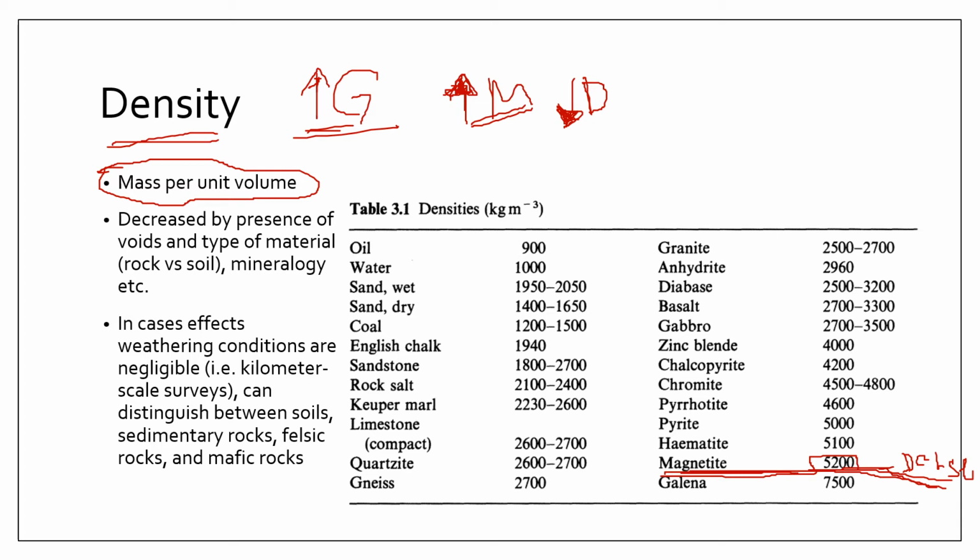Clay is approximately in the range of 2,000 kilograms per cubic meter. So you can see that weathering can drastically change the density of a material.